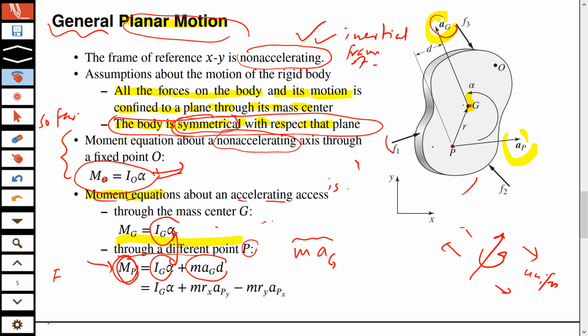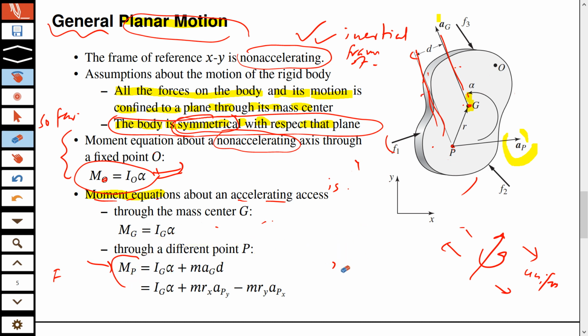But because this is moment, you have to turn this into moment and multiply that by D. Remember, this D is the distance between this vector of acceleration and a parallel vector passing through P. The only difference between this line and this line is that this line is passing through the center and this line is passing through P, about which you want to write the moment equation. Otherwise they have the same line. So you need to add this extra term.